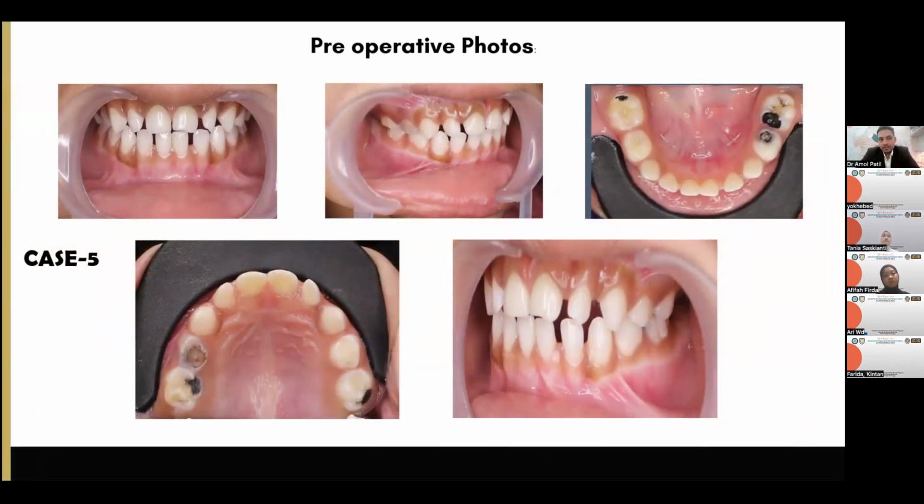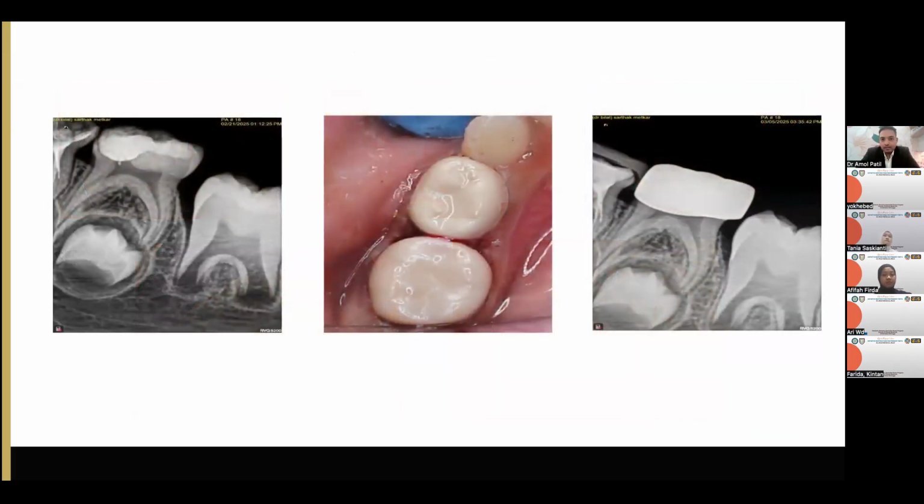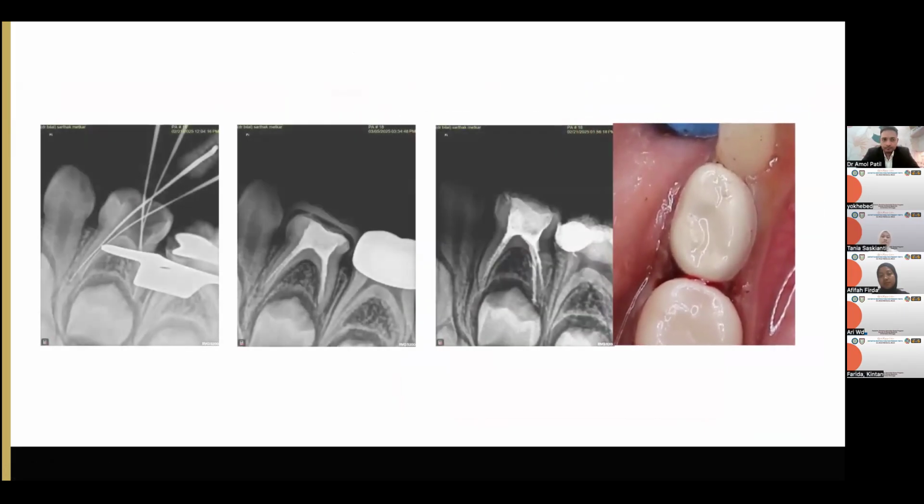This is one more interesting case where the lower left D and E were carious, that is tooth number 74 and 75. Post pulp therapy, on one tooth a biflex crown was given and on the other a zirconia crown was given. If you notice, the first primary molar has a biflex crown and the second primary molar has a zirconia crown.